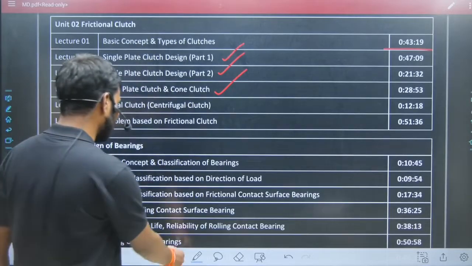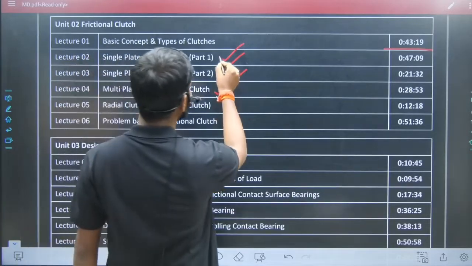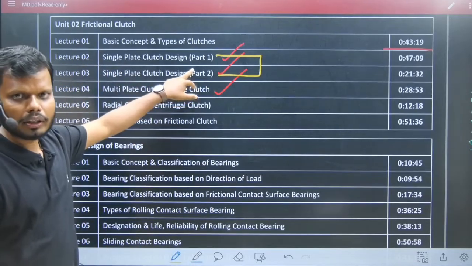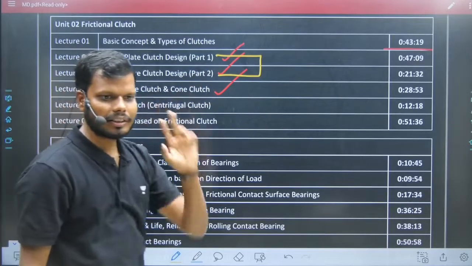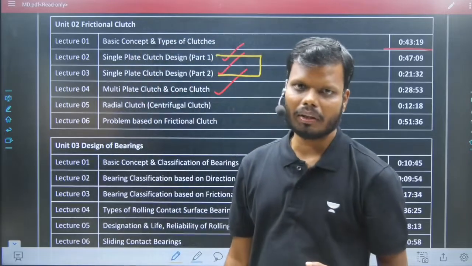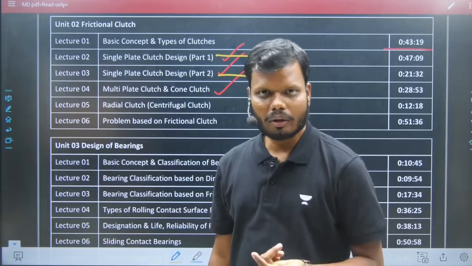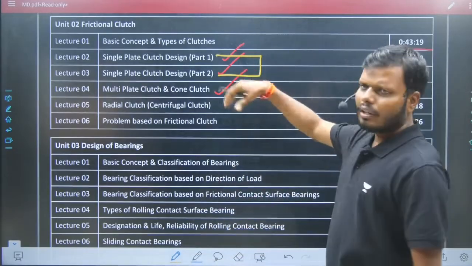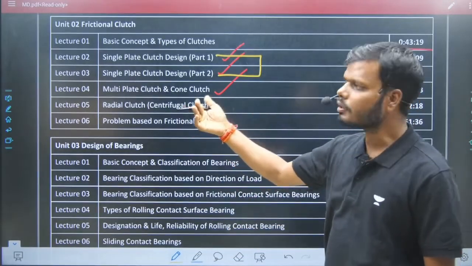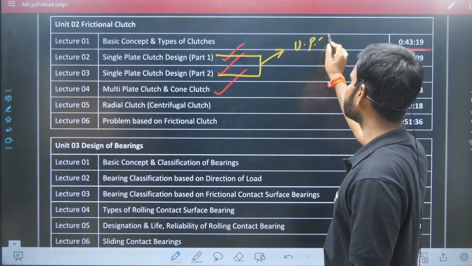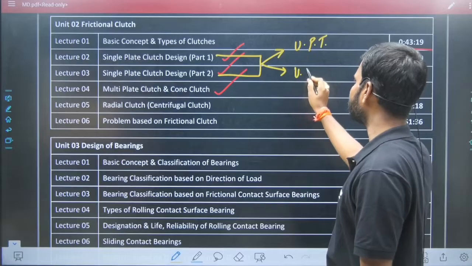So single plate clutch, see carefully, will be divided into two parts, part 1 and part 2, so that you can easily understand what the design parameters are and what the frictional torque in clutches is. In design point of view, this is divided into two parts: UPT, uniform pressure theory, and UWT, uniform wear theory.